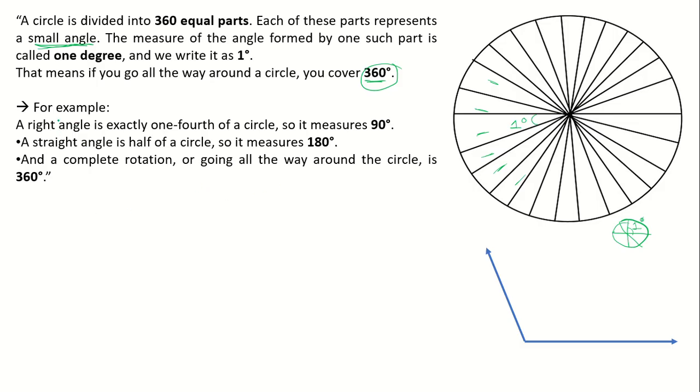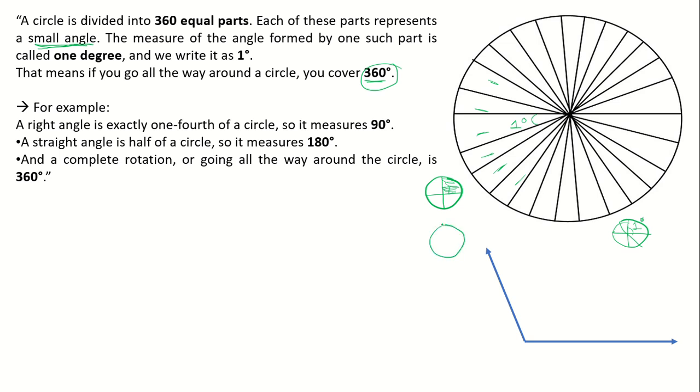Next, a right angle is exactly 1/4 of a circle. So in a circle, this is the 1/4 part, and this part is 90 degrees. Next, a straight line.